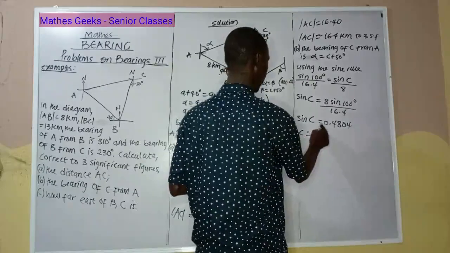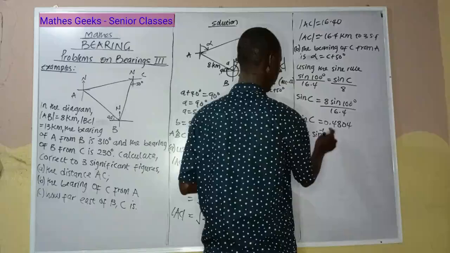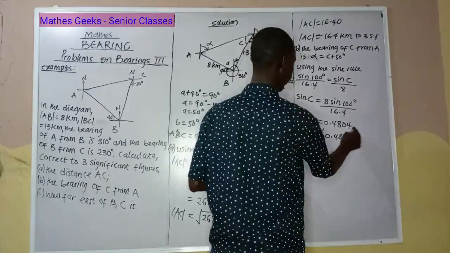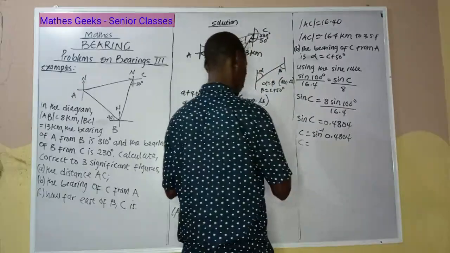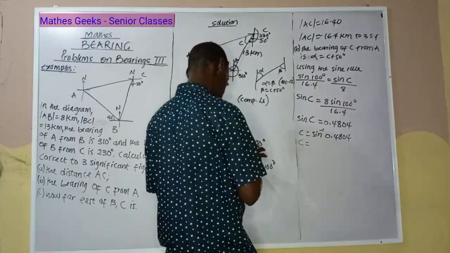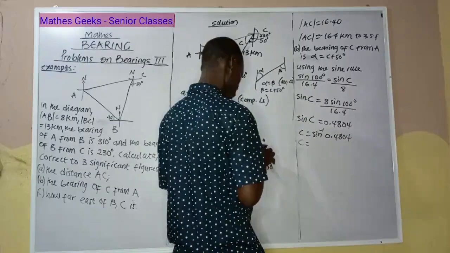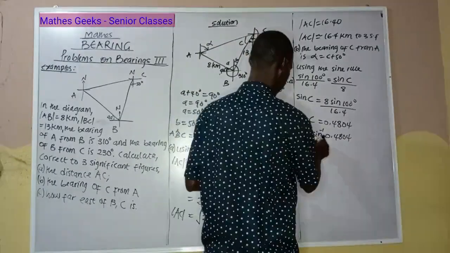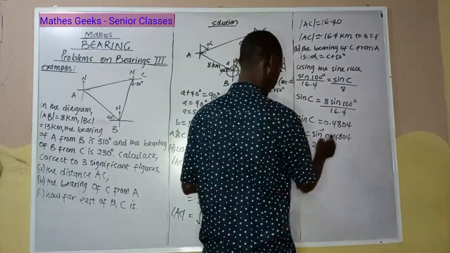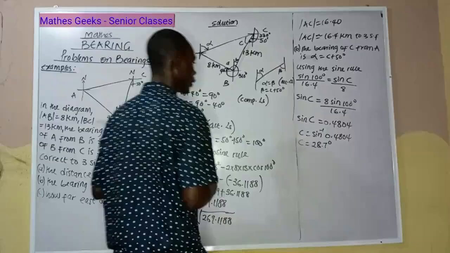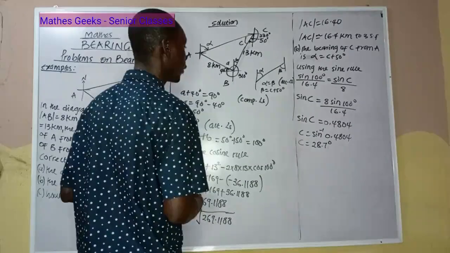So C is arc sine 0.4804, and C is equal to 28.7 degrees. So that's angle C, 28.7 degrees.